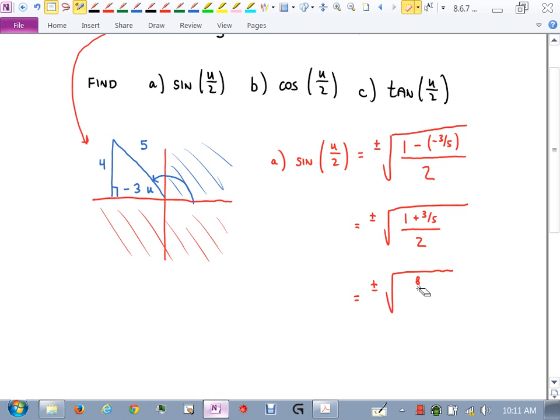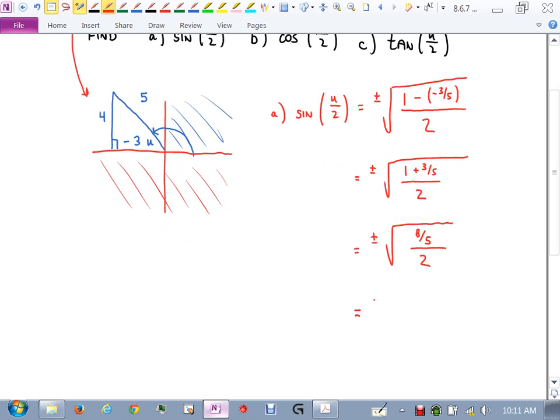What did I do there? Common denominator on the top. 1 plus 3/5 is 8/5. And then divide that by 2. So 8/10, which reduces to 4/5. Do you all agree with that?